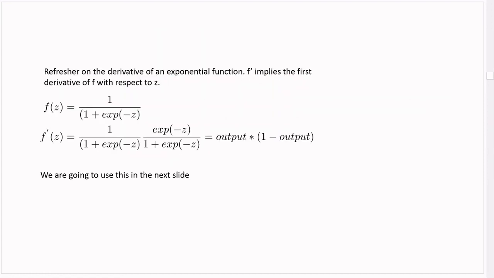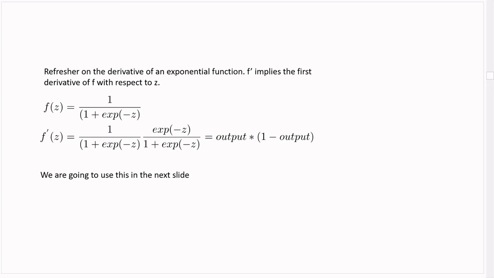Now, since we are using sigmoidal function, if you look at the derivation for the gradient, we have to take the derivative of the exponential function. So here is the derivative for the exponential function. Let's define f of z as 1 divided by 1 plus e to the power minus z.